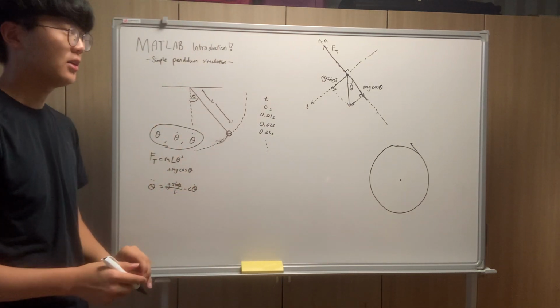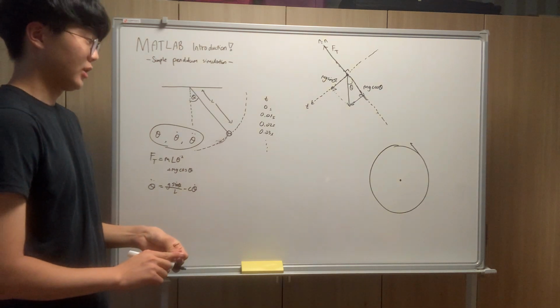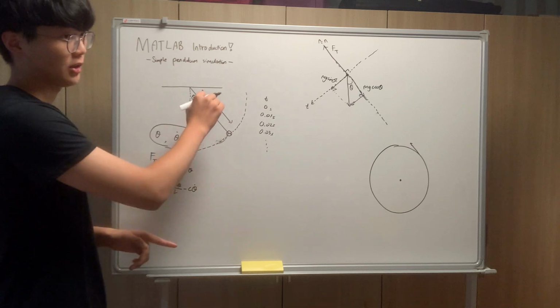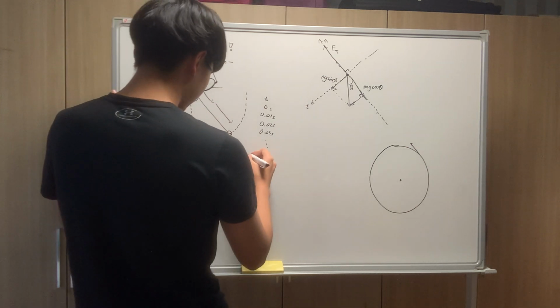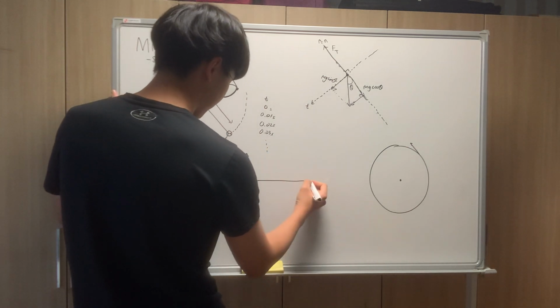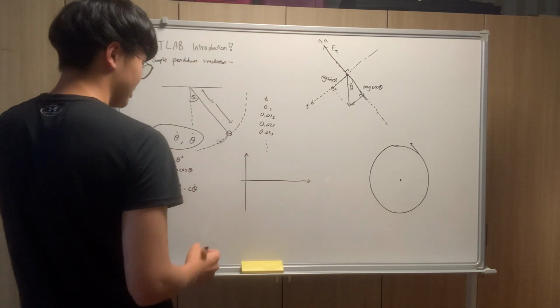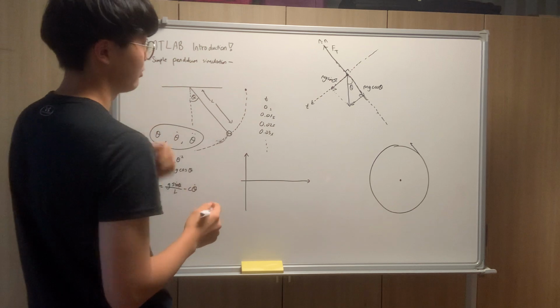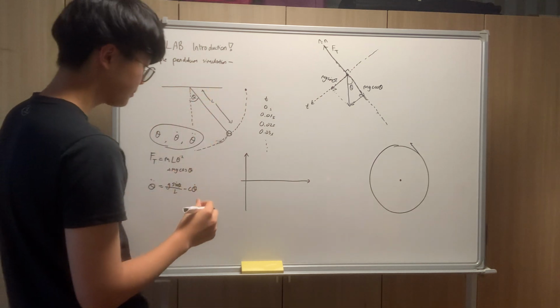And for example, let's say we have a graph for theta. Theta is going to keep oscillating, right? But what I'm going to get is not a continuous graph, but a graph that looks something like this. Let's say I drop the bob here when theta is pi over 2, 90 degrees.